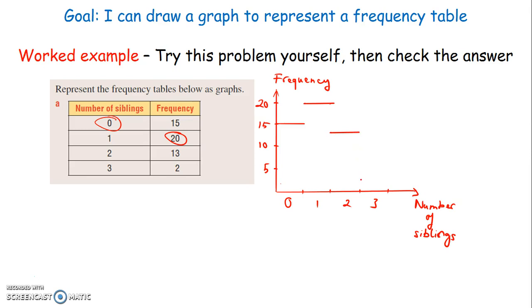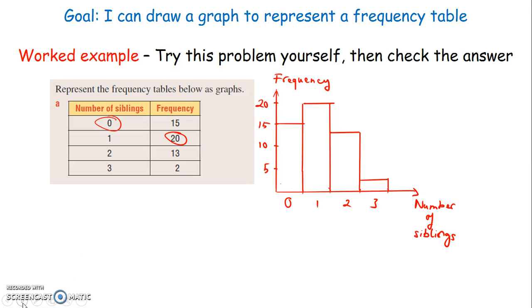So 2 again is between 0 and 5, and just below the halfway point. Hopefully you would have a better time drawing this graph than I do if you're working on paper. Right, so there's our graph, guys.